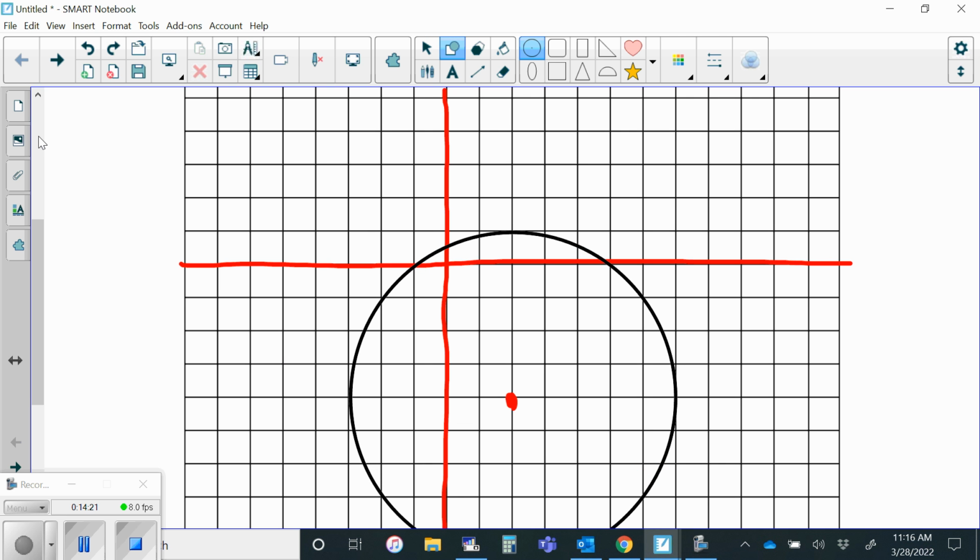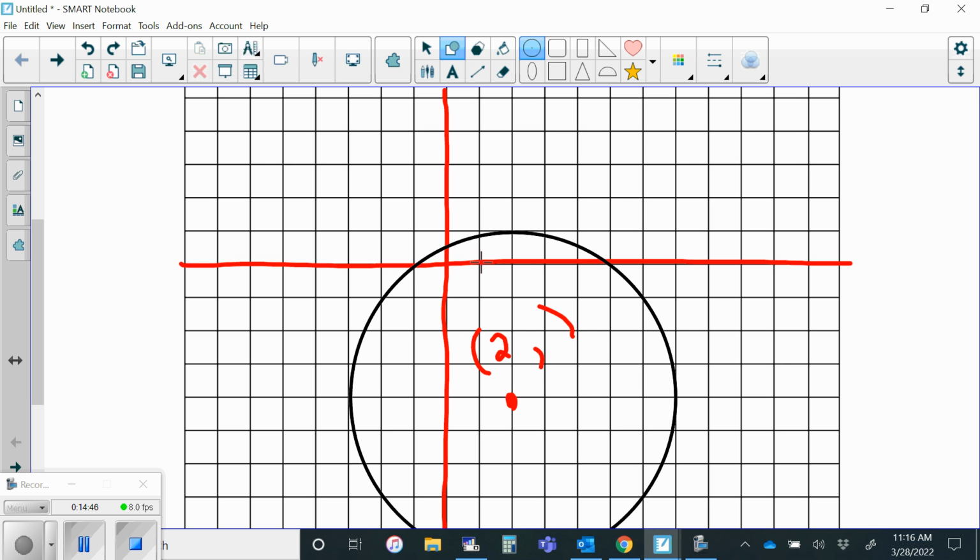Give me the equation of that circle. Well, first off, what do you need? You need the center, right? What's the center?